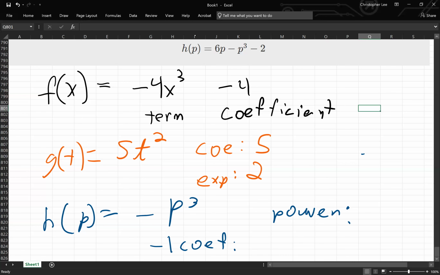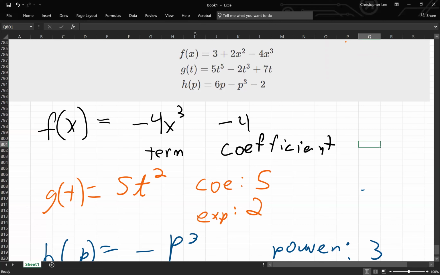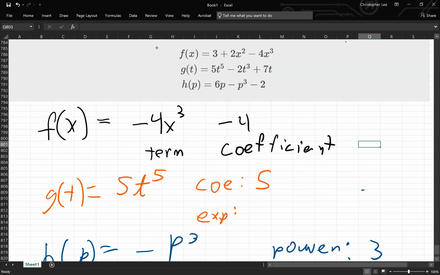The exponent. What is that? 3, right? The second, g of t. Okay. Oh, it's 5. Sorry, I didn't see that. That's my fault. Oh, wrong color. That is my fault.